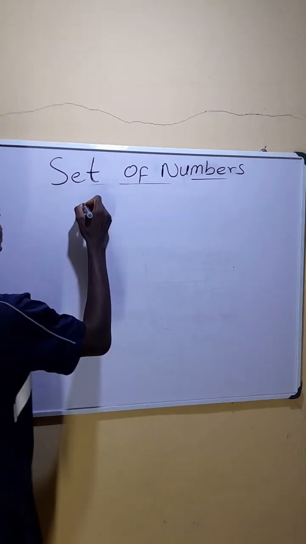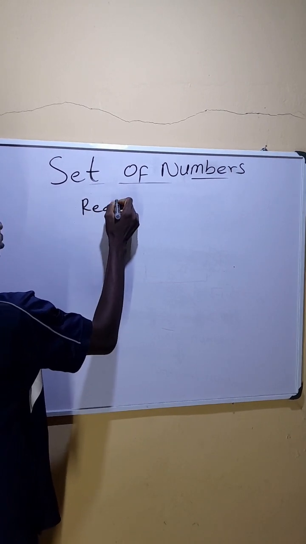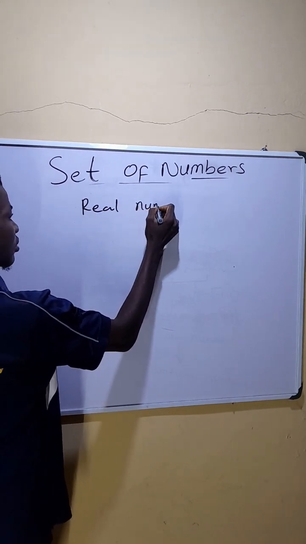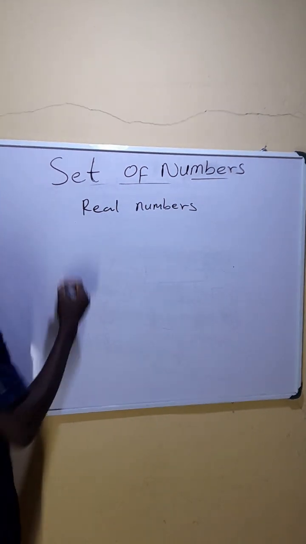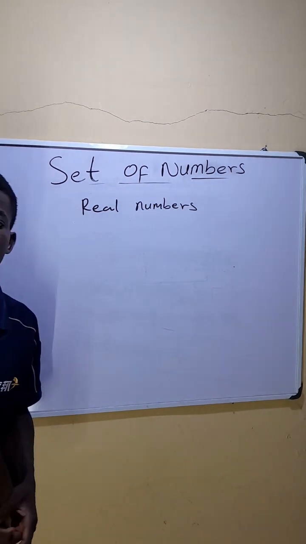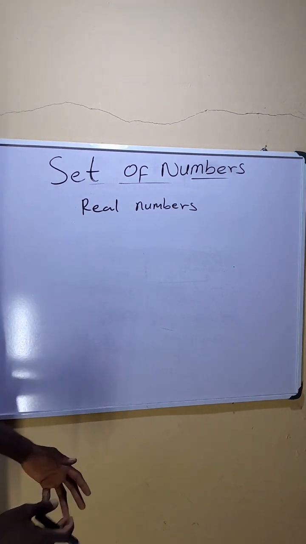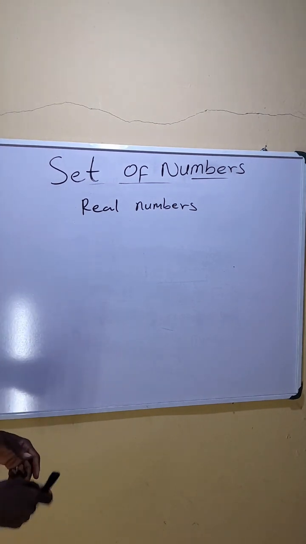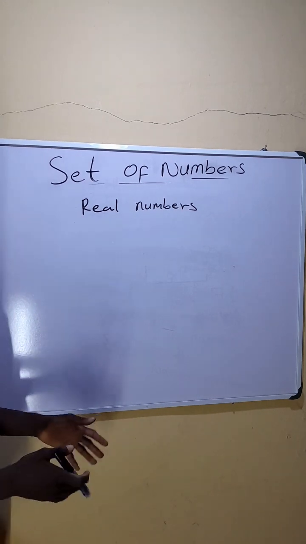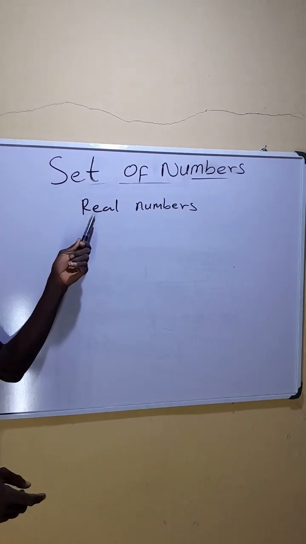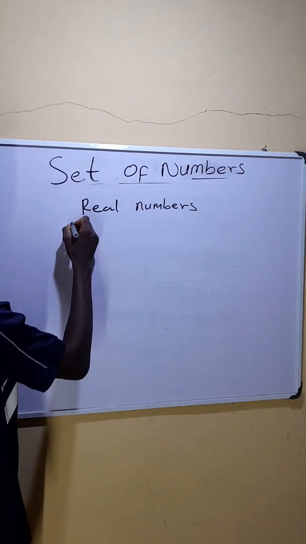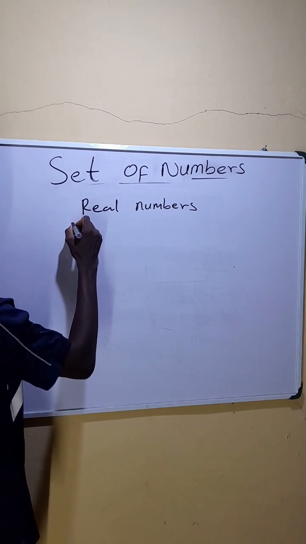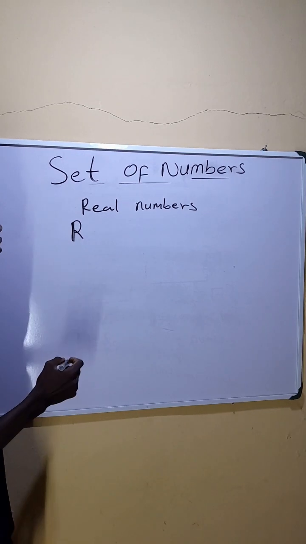The next one is real numbers. Real numbers are set of rational and irrational numbers. So both rational and irrational number give rise to real numbers. We use capital R to denote real number.